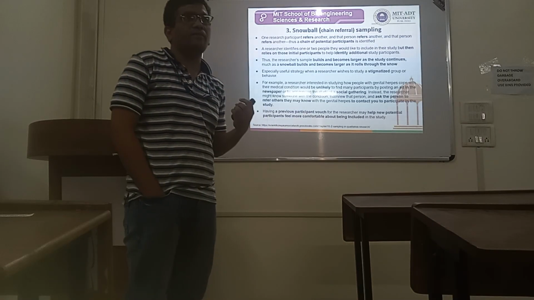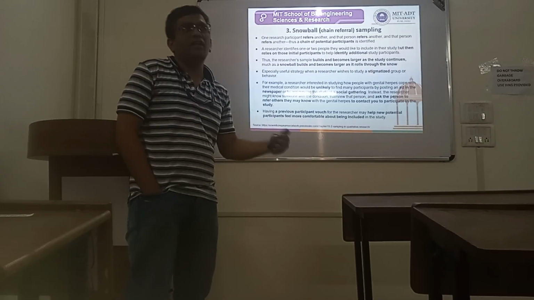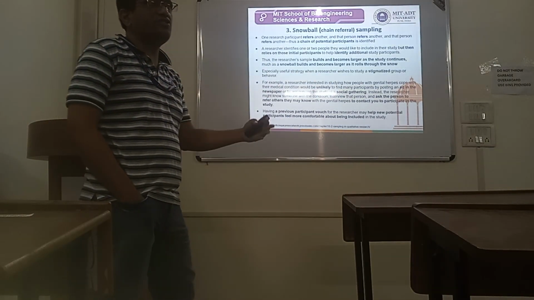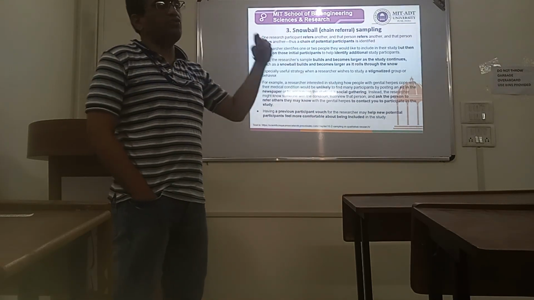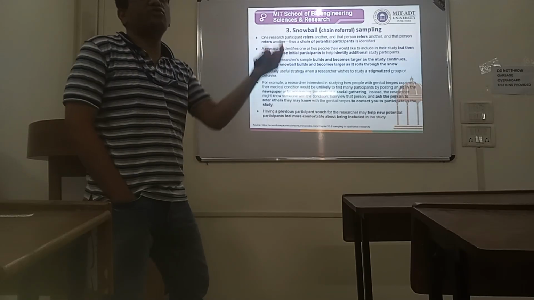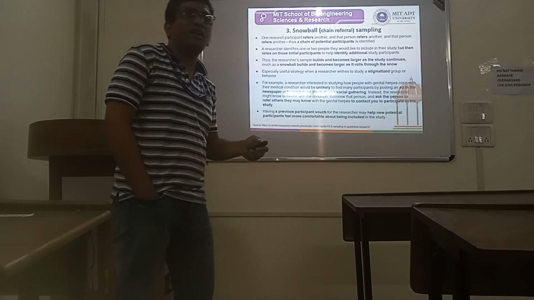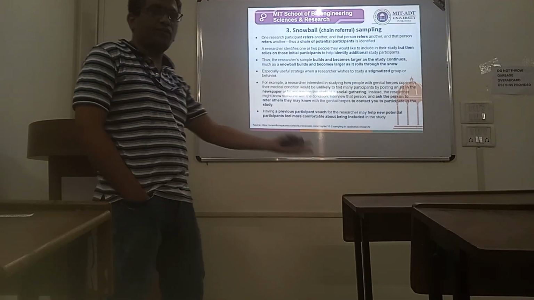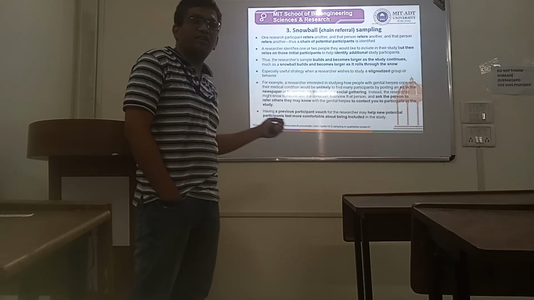You recruit only the first individual, then tell that individual to recruit another one with characteristics similar to yours. Those first two individuals then recruit the next two, and so on and so forth. Your chain of sampling grows like a snowball coming down from the top of a hill. Hence it is called snowball or chain referral sampling.